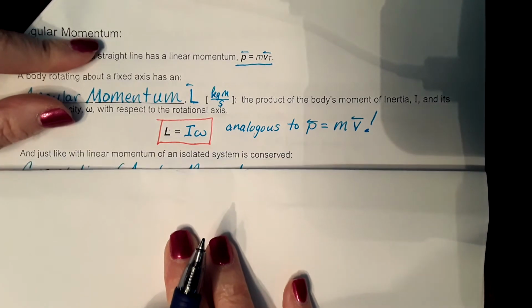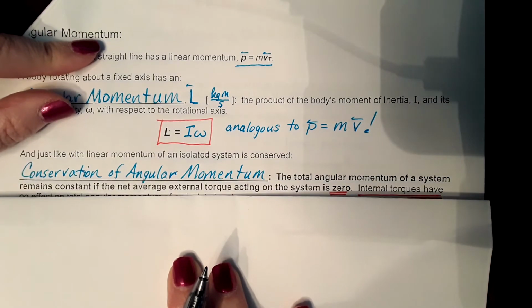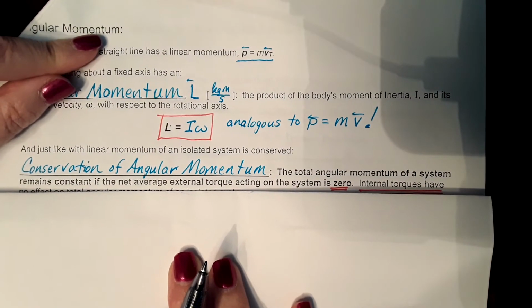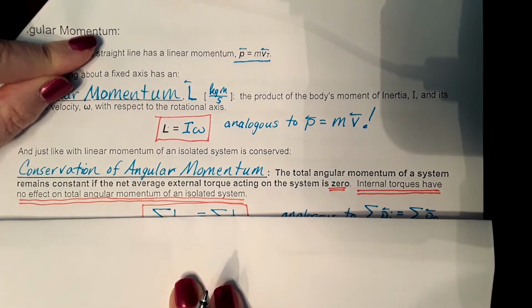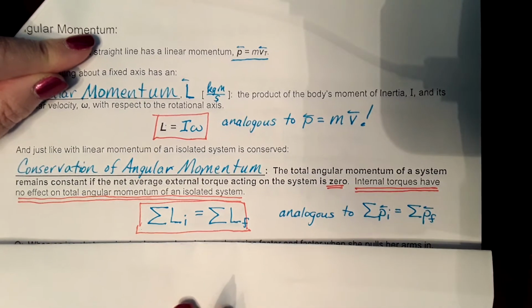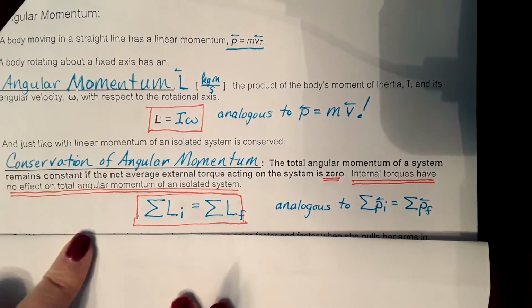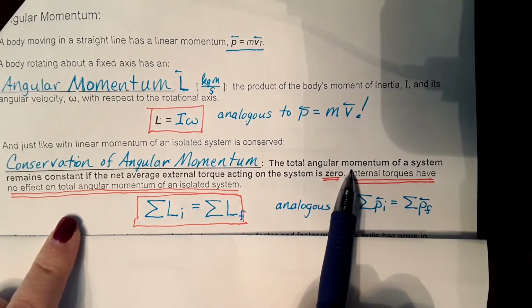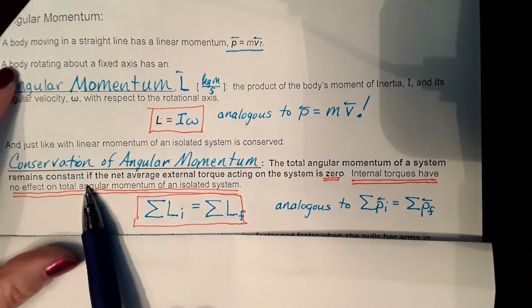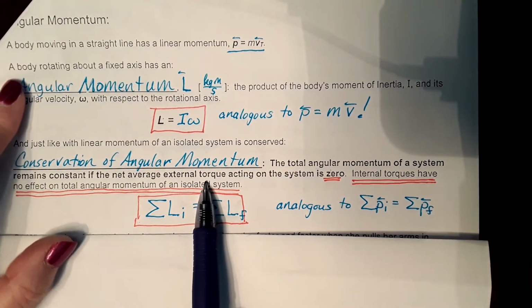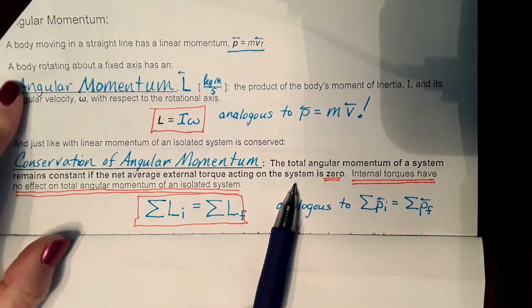Now, just like with linear momentum of an isolated system, the angular momentum of an isolated system is also conserved. The total angular momentum of a system remains constant if the net average external torque acting on the system is zero.